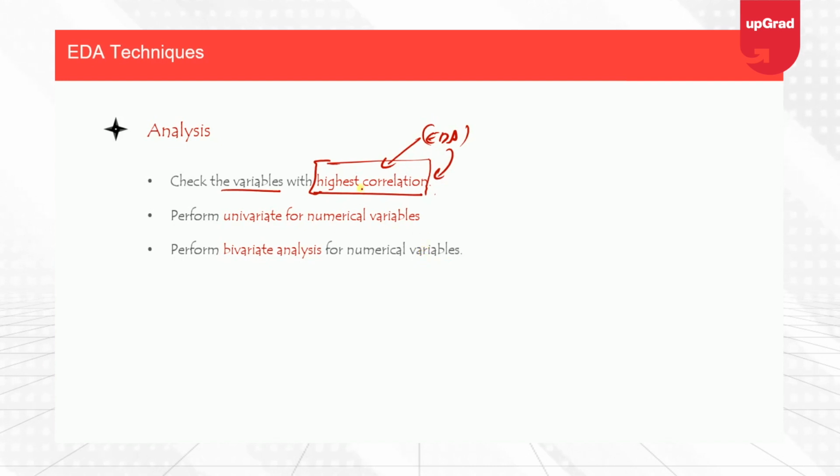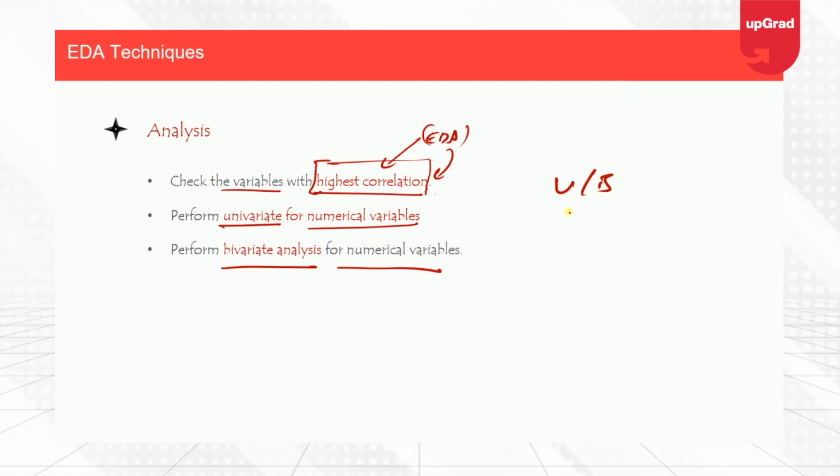After this, we are supposed to perform the univariate analysis on numerical variables, and bivariate analysis on numerical variables. So ultimately, univariate and bivariate analysis on both categorical and numerical variables will be performed. All right.